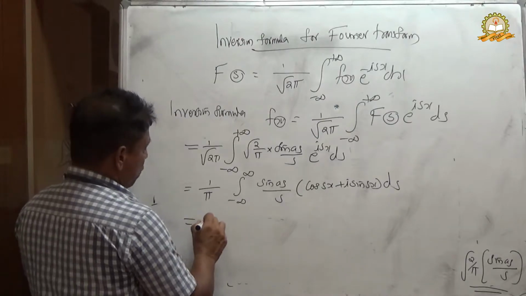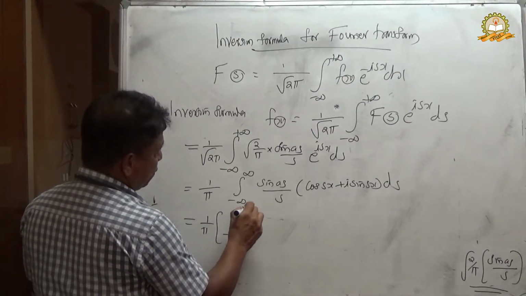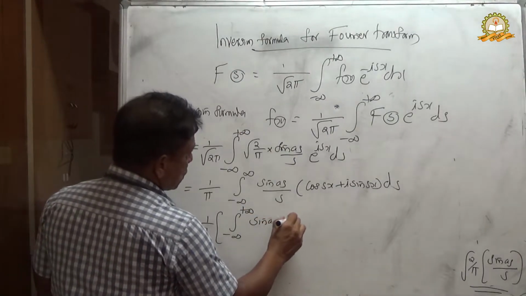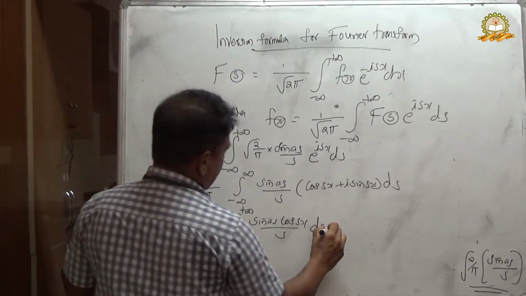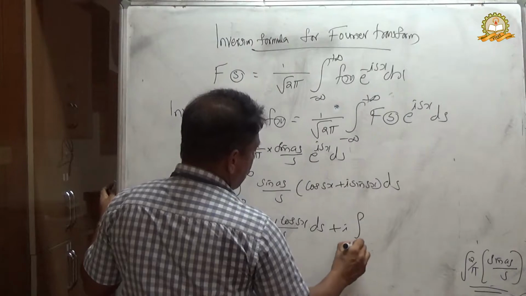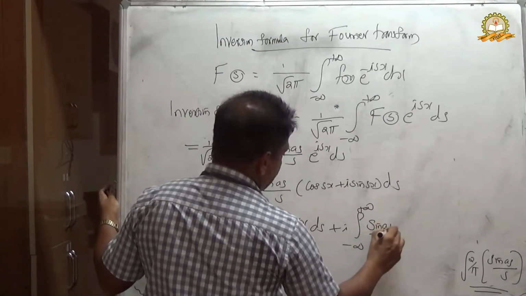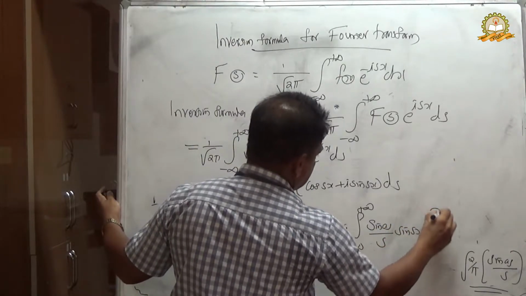That is 1 by pi integral from minus infinity to plus infinity of sin as into cos sx by s ds, plus i times the integral from minus infinity to plus infinity of sin as by s sin sx ds.